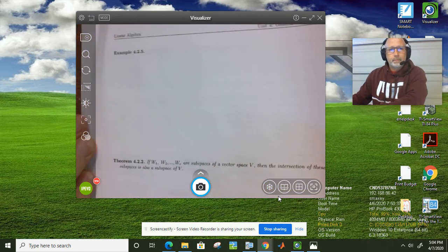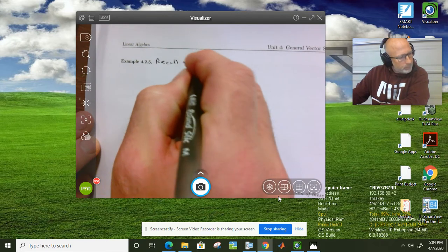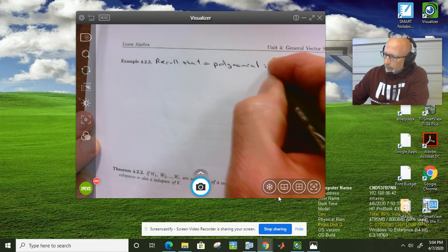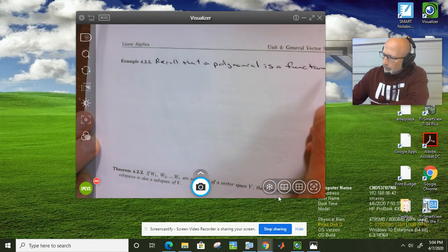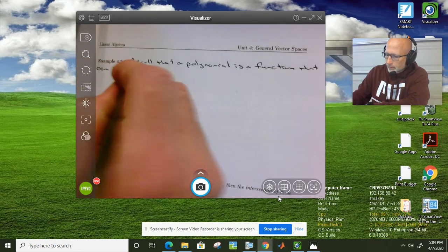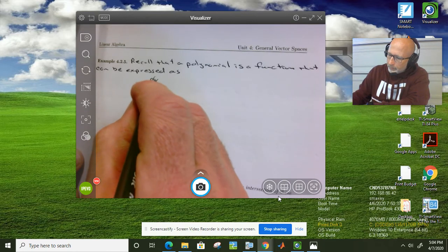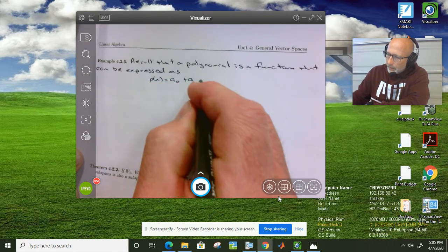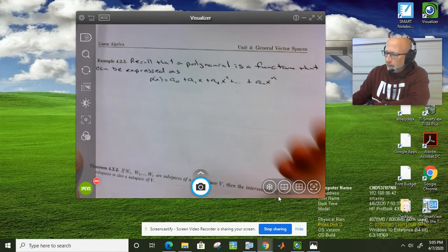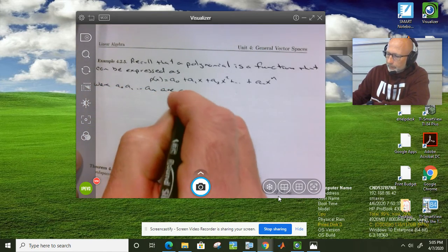Now we're going to deal with some other things that are subspaces. Recall that a polynomial is a function that can be expressed as p of x equals a naught plus a1 x plus a2 x squared, all the way up to an x to the n, where a naught, a1, all the way up to an are constants.